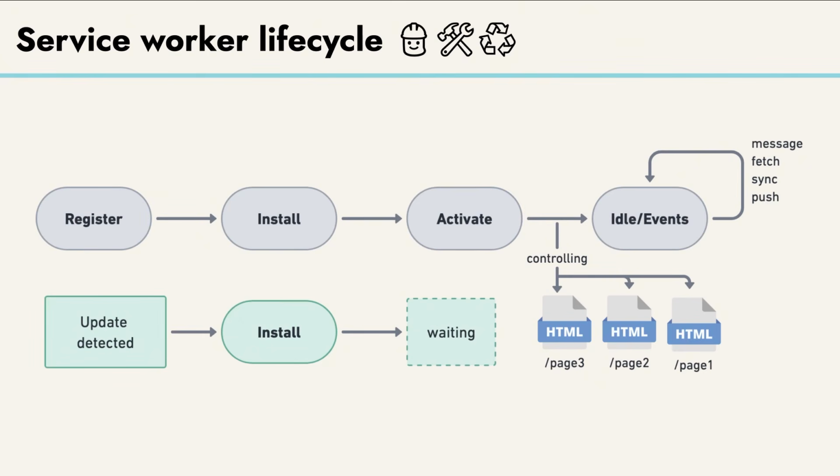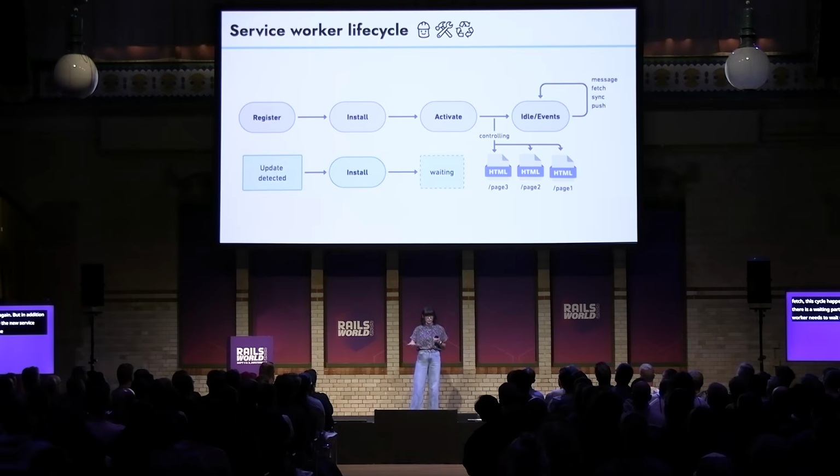So now the update part. When you change your service worker code and a new service worker is fetched, this cycle happens all over again. But in addition, there is a waiting part where the new service worker needs to wait until the previous service worker is not controlling any pages. So all those pages need to be closed.